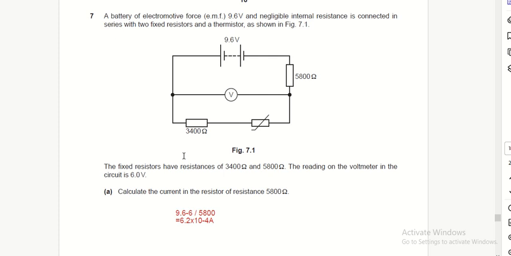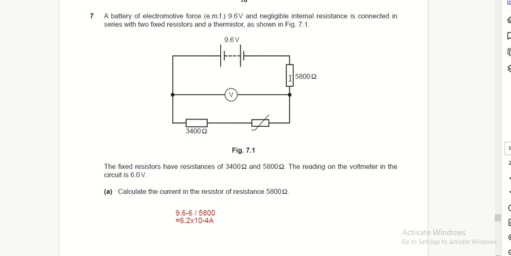A battery connected to resistors and a thermistor; find the current in the resistor. We will apply Ohm's law, so we need the potential difference across this resistor over the value of the resistance to get the current.